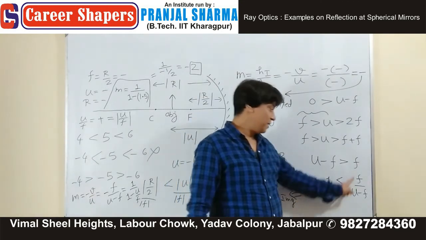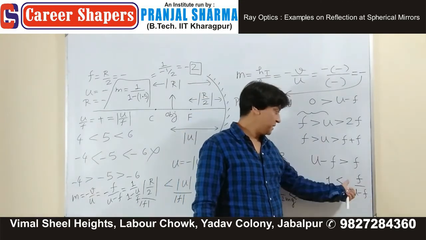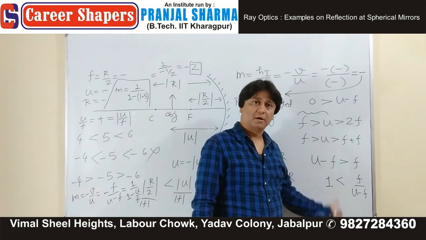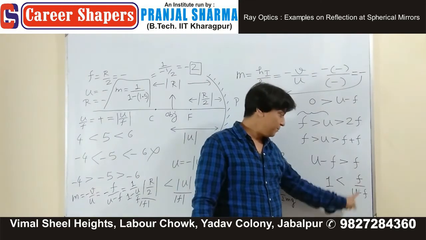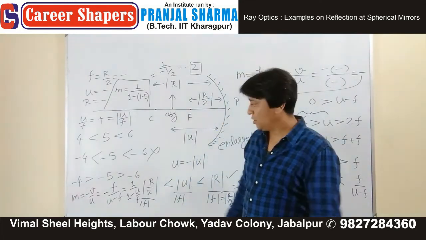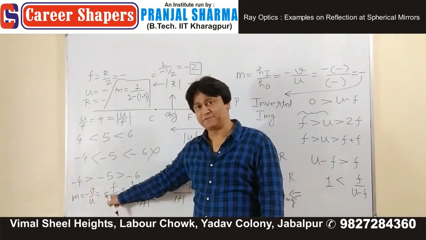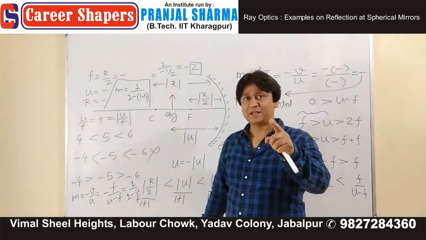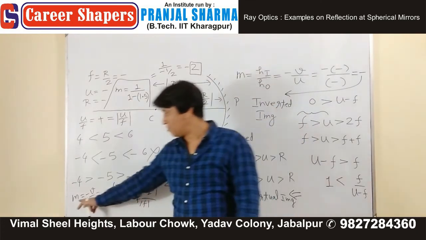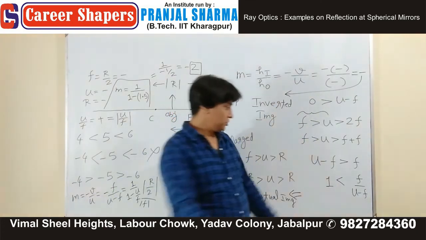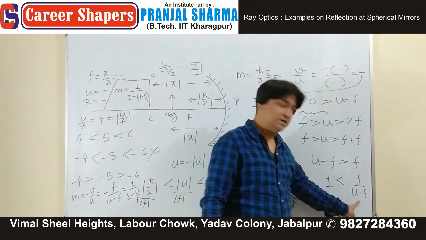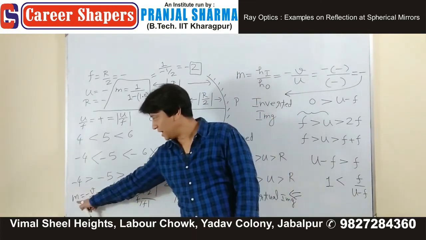So f upon u minus f is basically greater than 1. And why do I need f upon u minus f? What is m? f upon u minus f is a negative sign. I'm interested in what? Mod of m.